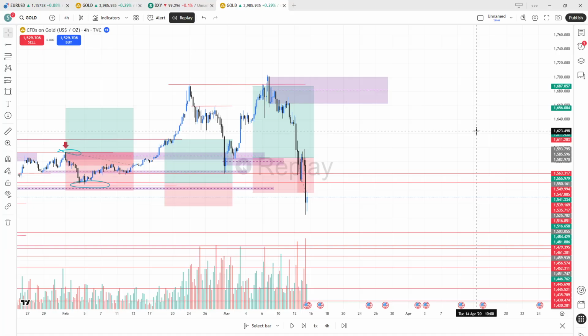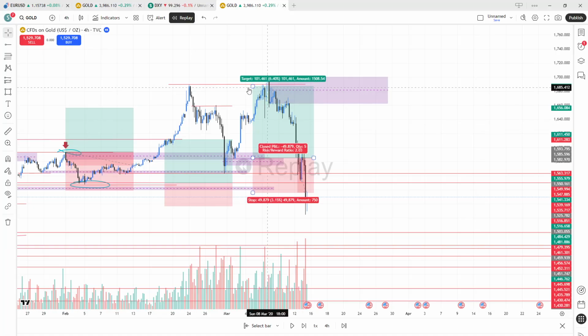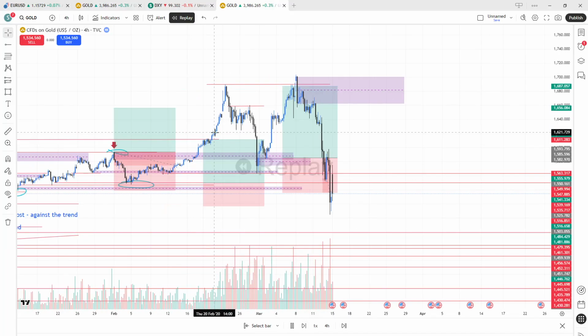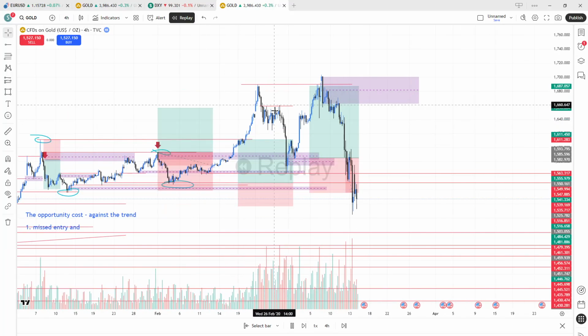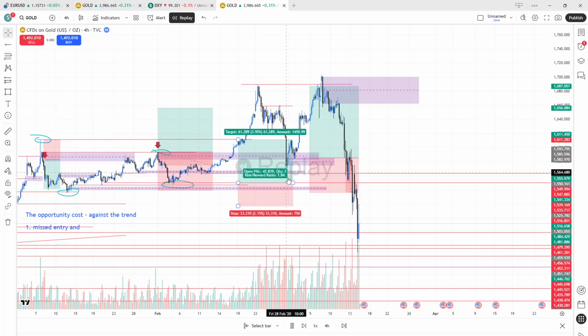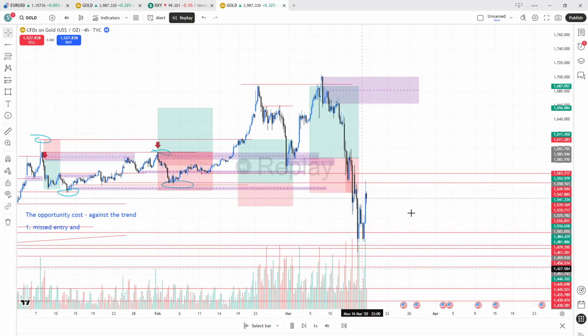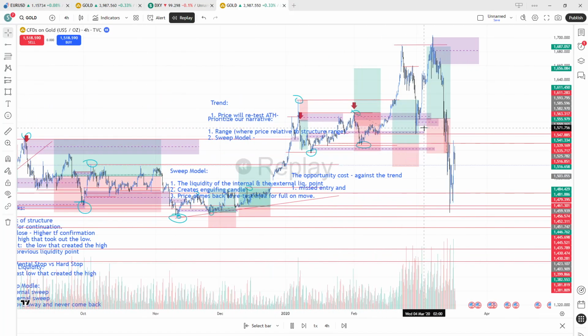So that is a sweep model, guys. Right here, sweep model continuation. But do you guys notice that? Do you see that before that sweep, price showed us what it wanted to do before that hard move, right?